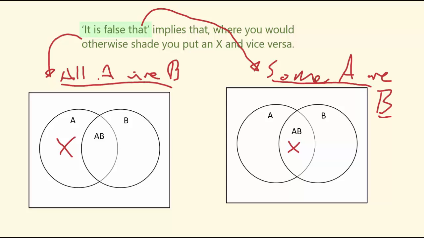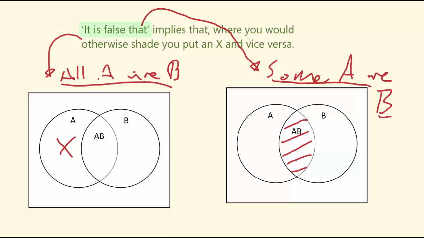And to say that it's false that there's something that's both an A and a B is to say that there isn't anything that is both an A and a B. A and B as categories are completely separate from one another. So instead of putting an X in the third area, what we need to do is shade it. And that represents "it is false that some A are B."